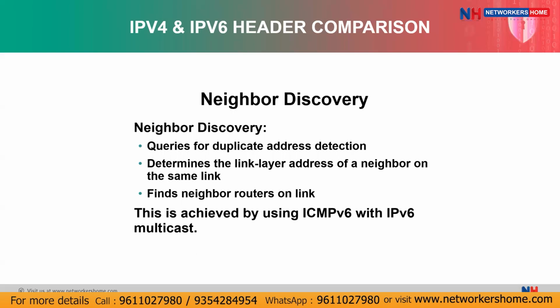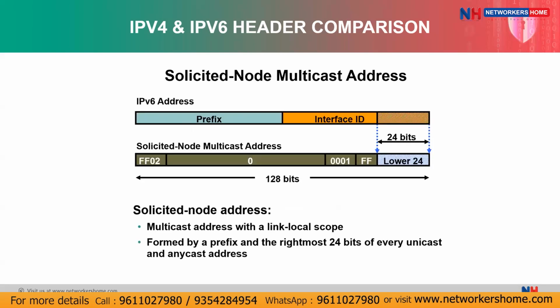It generates queries for duplicate address detection, determines the link layer addresses of a neighbor on the same link, and finds neighbor routers on the link. This is achieved by using ICMPv6 with IPv6 multicast: FF02::1 for all nodes, and FF02::2 for all routers on the same subnet. Here we have the solicited node address, a multicast address with link scope formed by a prefix and the rightmost 24 bits of every unicast and anycast address.